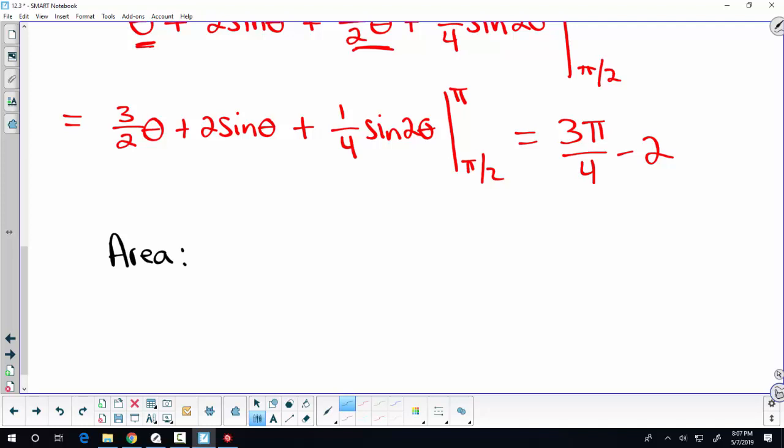So the area we're after is that area plus half the circle. Pi over 4 minus 2.